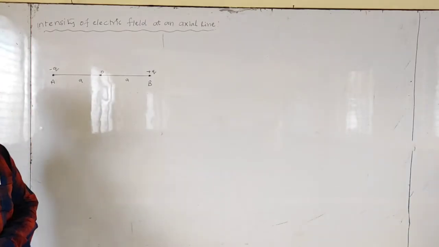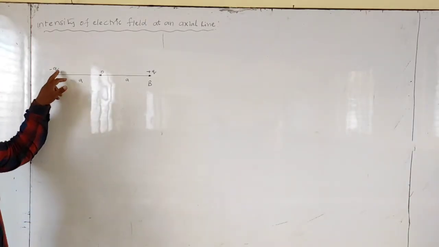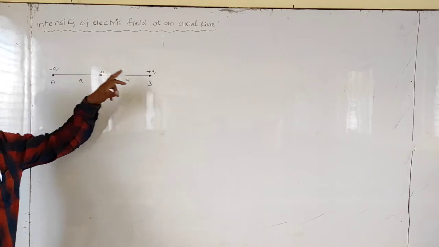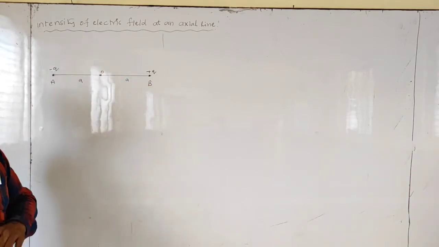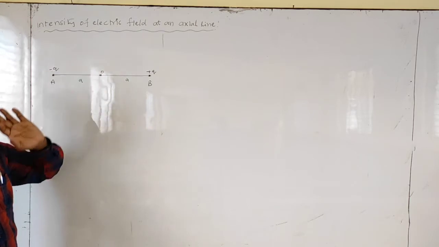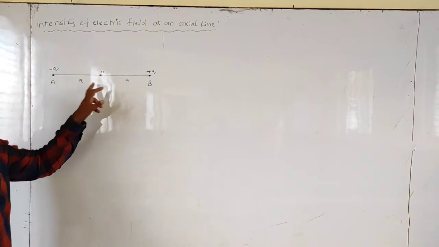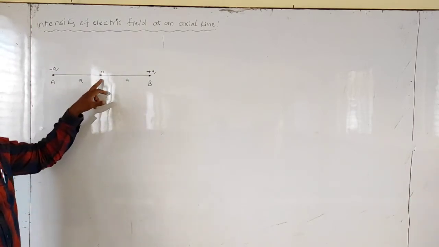Consider a dipole having equal charges but opposite sign. The magnitude of charge is equal but the sign is opposite. They are separated by a distance 2a. So this is the center of the dipole.